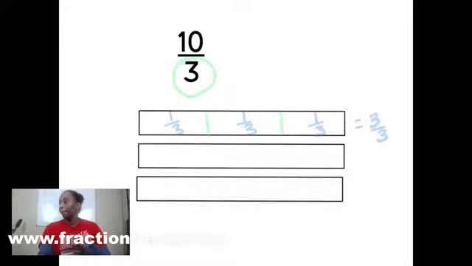Whole numbers. So I've taken out one group of 3/3. So I'm going to subtract that from the 10/3. So 10/3 minus 3/3 equals 7/3. So then I look at my fraction that I have now and ask myself, is it still an improper fraction?